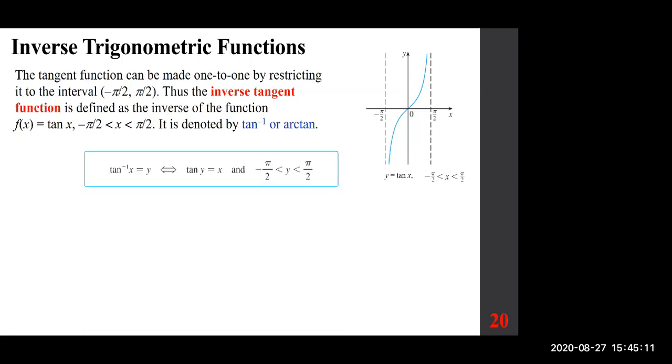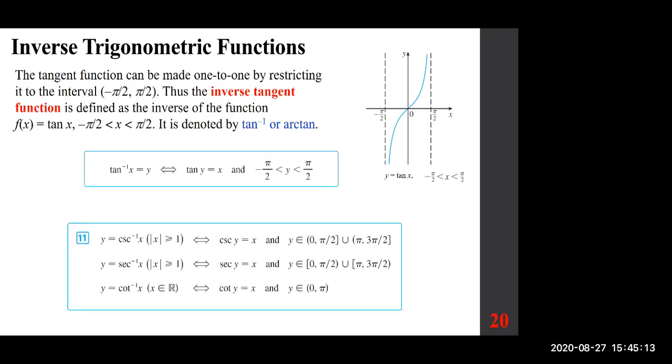So we write it in this manner. Cosecant inverse, secant inverse, cotangent inverse depend on the text. They have a different take on it, but just stick with the first 4 and you'll be fine.